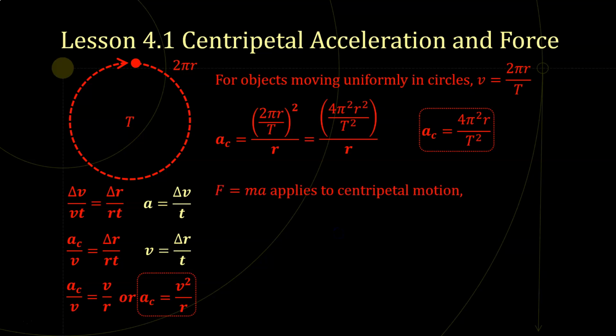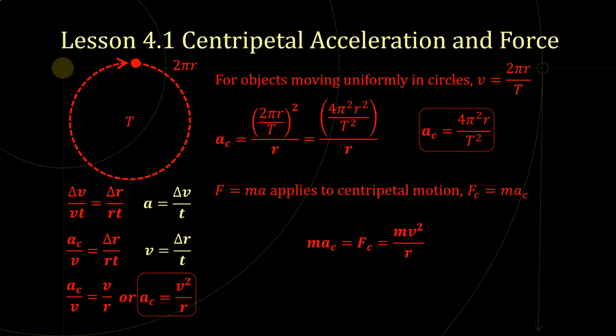All right, then one final observation. Force is mass times acceleration, and it applies to centripetal motion too. I can identify something called a centripetal force if I take my centripetal acceleration and multiply it by mass. So to find the centripetal force from the velocity around the circle, I just have to multiply both sides of my centripetal acceleration equation by mass, because m times the centripetal acceleration is the centripetal force.